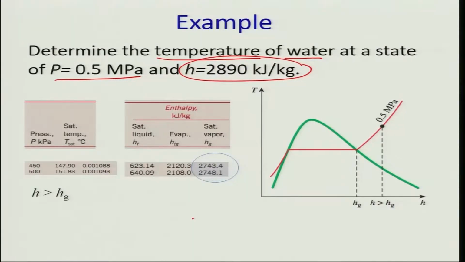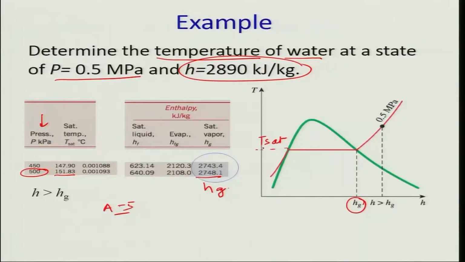So the first thing we are going to do is find the corresponding T sat. We know the T sat from the table. We go back and look at table A5 where the pressure is given, and you have to find the saturation temperature. This is the 500 kilopascal, equivalent to 0.5 megapascal, and the corresponding temperature is here, and the hg, which is here, is given by this value, 2748.